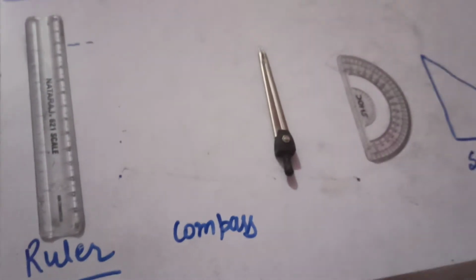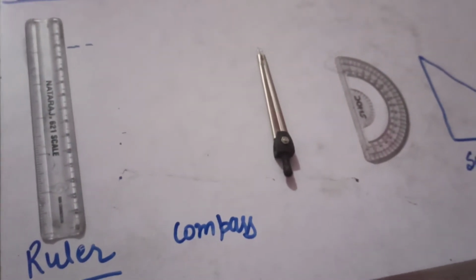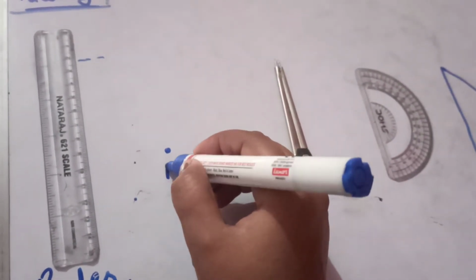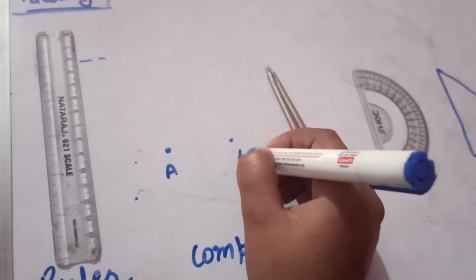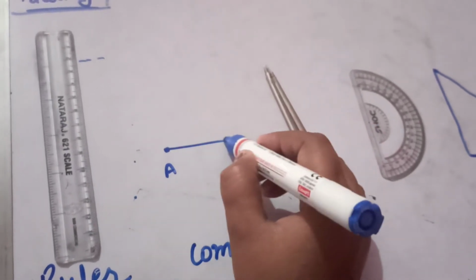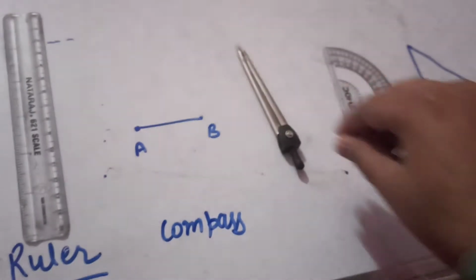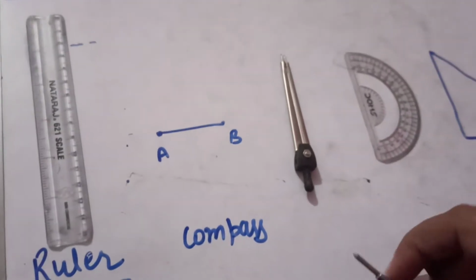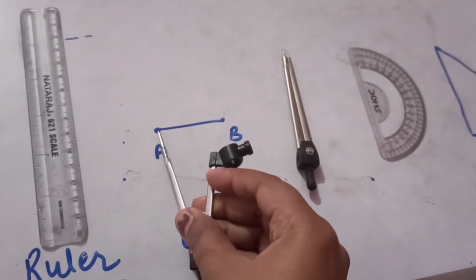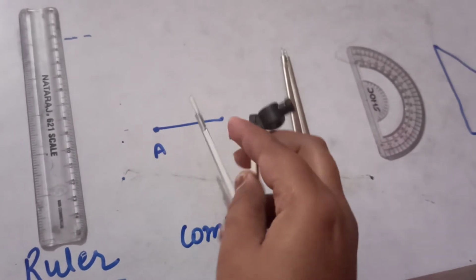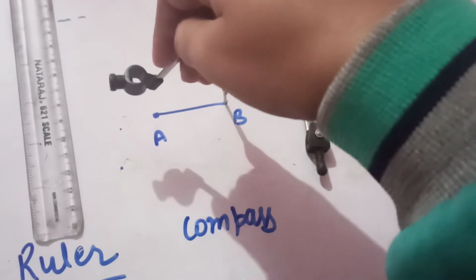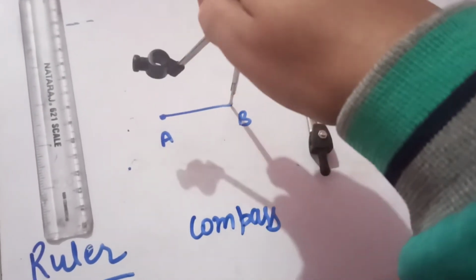And one more way to measure with the compass: point A and point B, these are the points I joined. Now if you have to measure the distance between the points, put one here and the pencil tip here, that will come like this, right?